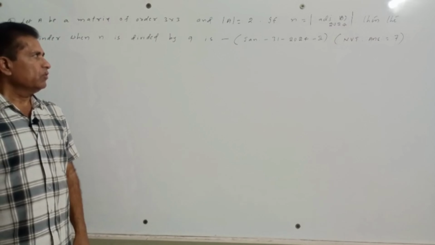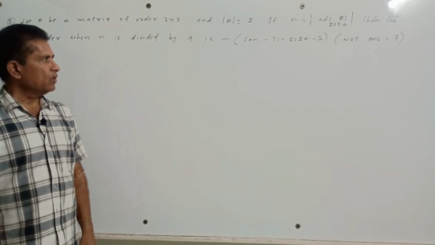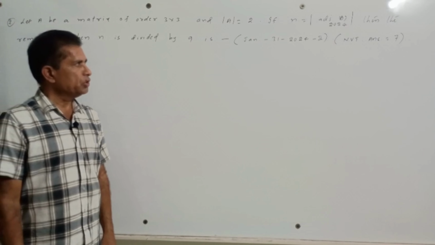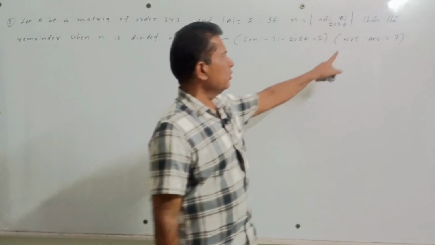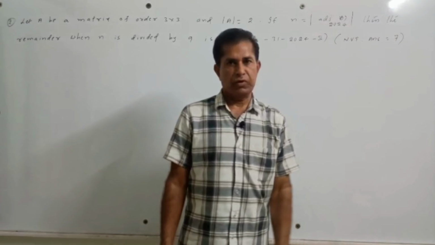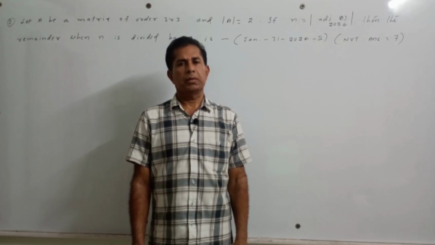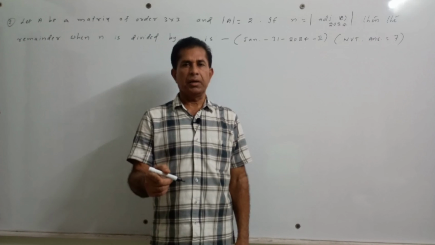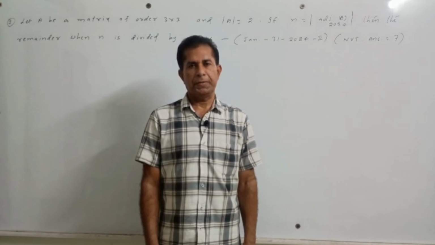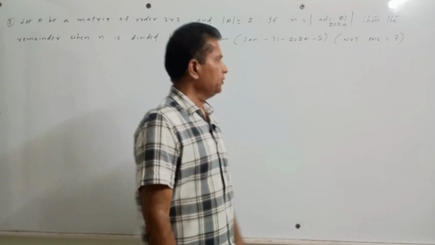This problem was given on January 31st, 2024, in shift 2. This is a numerical value type, answer is 7. So there, when n is divided by 9, we have to calculate the remainder. See how we can calculate.